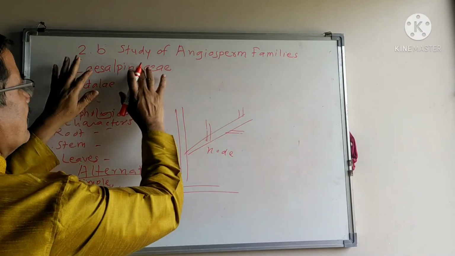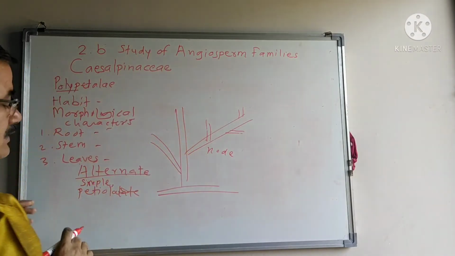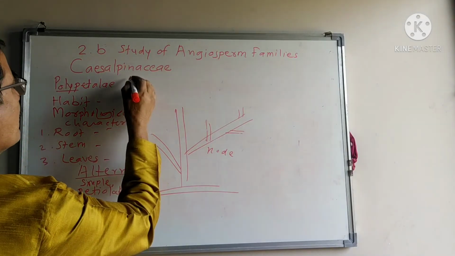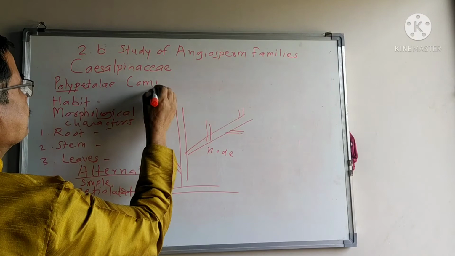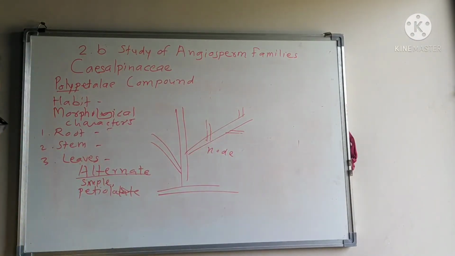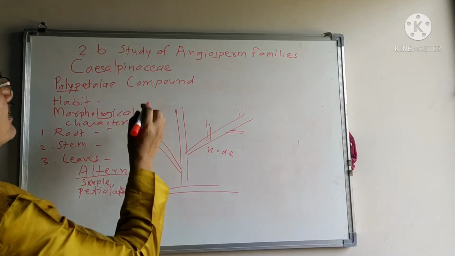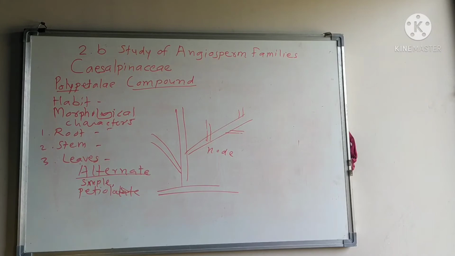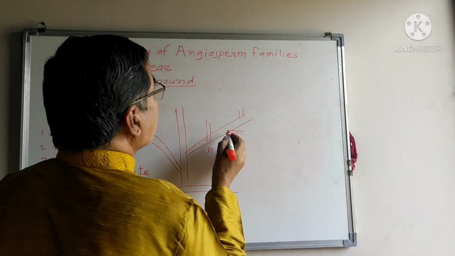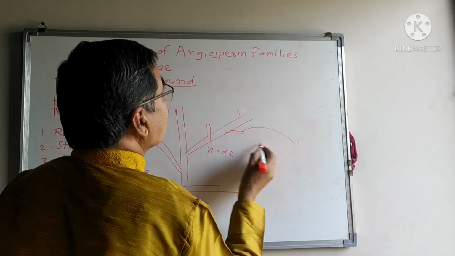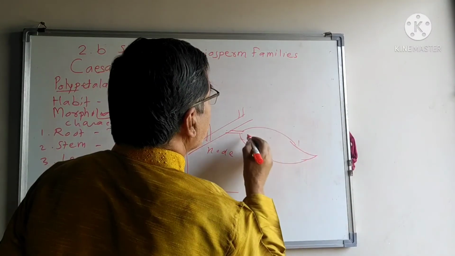In the majority of the Caesalpiniaceae family, the leaves are compound. Compound is a term that is difficult to understand. Suppose a simple leaf: from the node, the leaf is arranged, it is petiolate, and it gives rise to a flattened leafy structure.